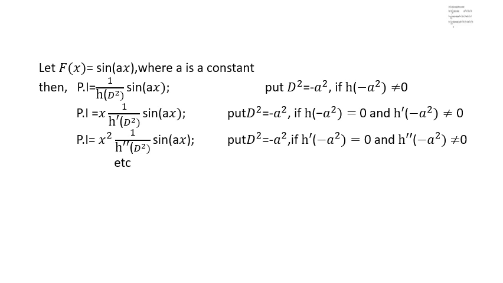Here h double dash of D² means that h of D² must be continuously differentiated 2 times.